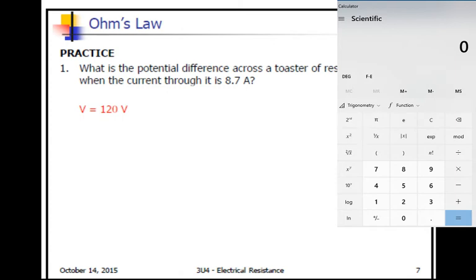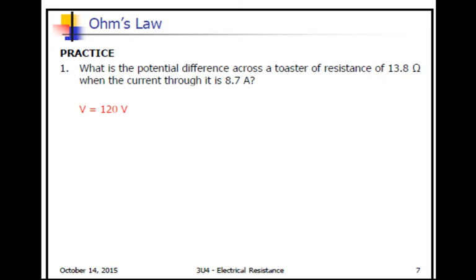Our equation we would use, we start with V equals IR, and our I is 8.7, our R is 13.8, so 8.7 times 13.8 gets us to 120 volts.